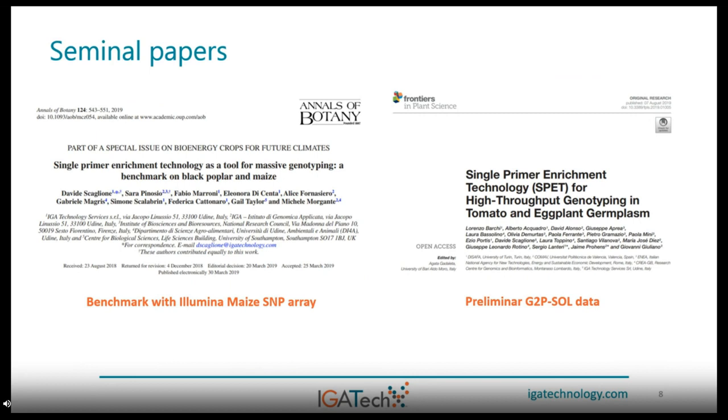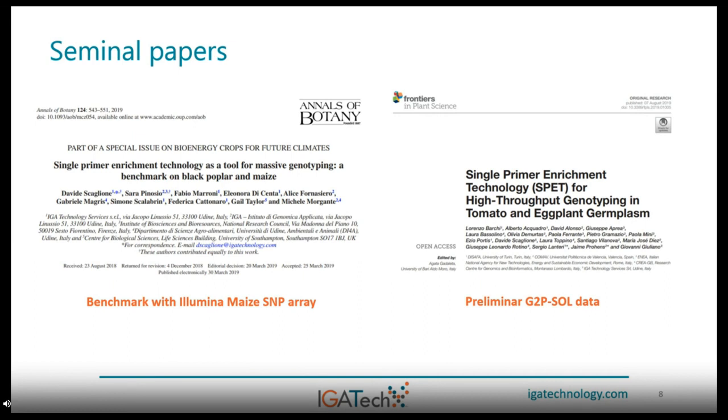We have already published a couple of seminal papers on the technology. A first paper came out in Annals of Botany and presented a comparative study of Allegro genotyping with Illumina SNP chip, using maize inbred lines and hybrids to compare the robustness of genotype calls.